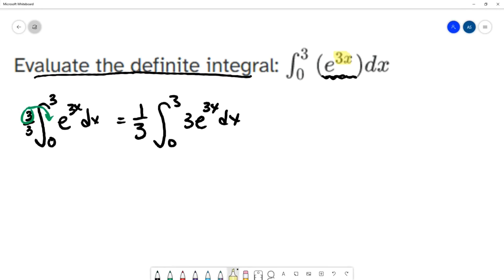So now we're going to be able to use our antiderivative rule for e to find the antiderivative. So that rule that we're using is the integral of e to the u du is e to the u plus c.